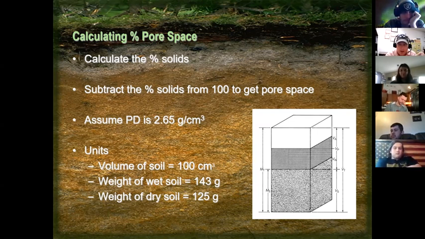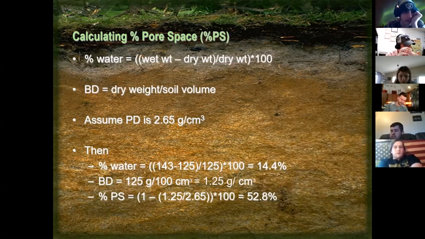I'm going to have you calculate percentage of moisture, bulk density, and pore space. And I think that's it. It's just easy math, guys. It's super easy. You can cheat and look here and find out everything you need to know.